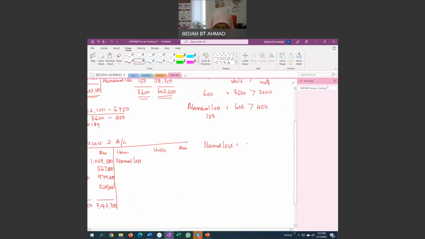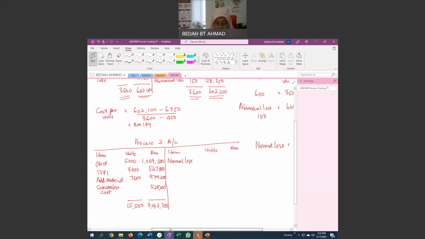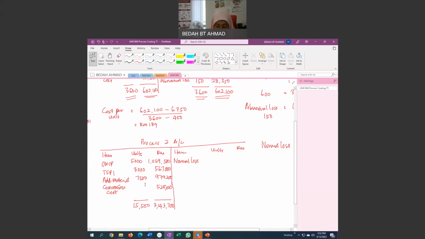So it is 4% of the expected production. Expected production means we add together the production units here, 5,000, 3,000, and 7,500, and we need to minus the closing work in progress.